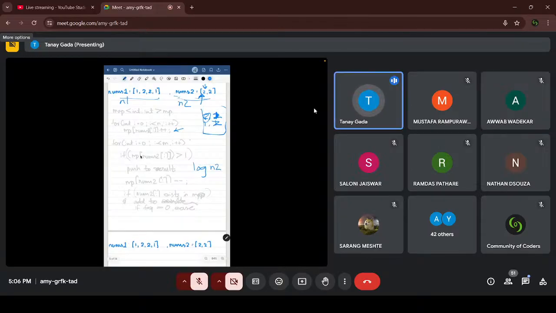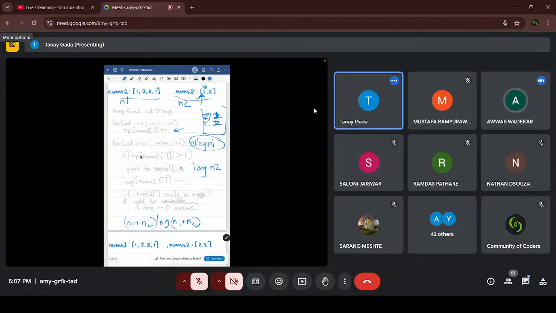Is this the overall time complexity of this solution? n1 plus n2 log of n1 plus n2. Are you saying this? Yes. Okay, let's see from the start. We are inserting n elements into the map, so it would be n1 log n1, right? Agree for this one.